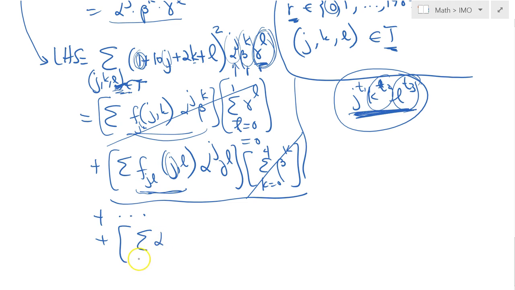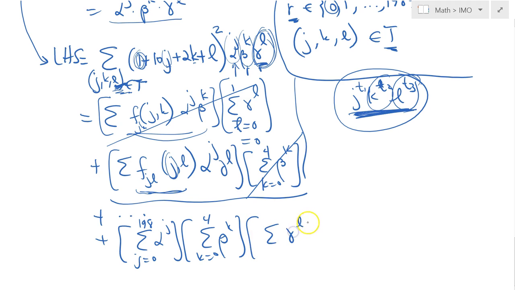So you'll have alpha to the power j, j ranging from 0 all the way to 1998, I guess, and then summation beta to the power k, k ranging from 0 to 4. And finally, gamma to the power l, l ranging from 0 to 1, but obviously every single one of them is already 0.